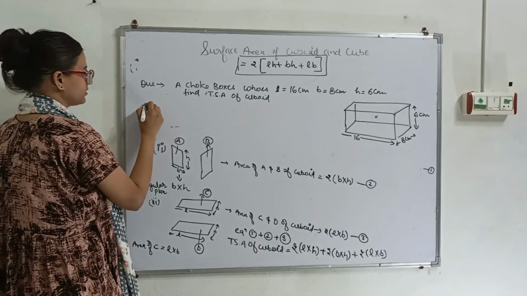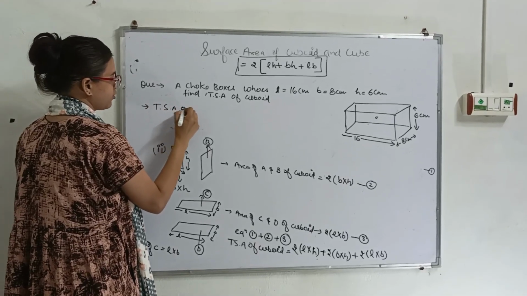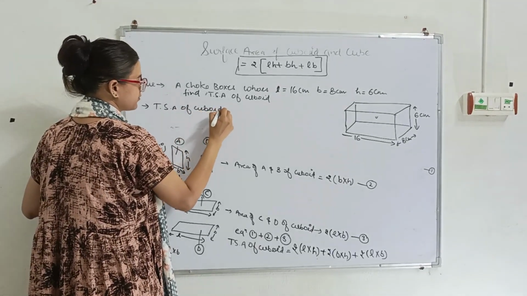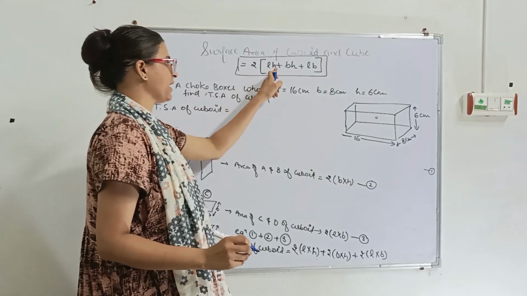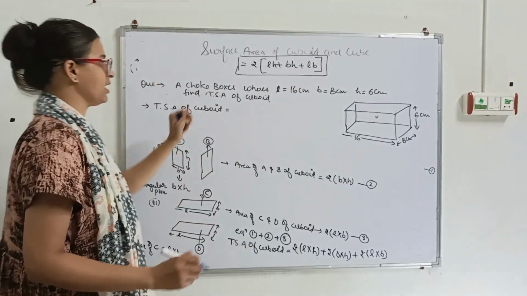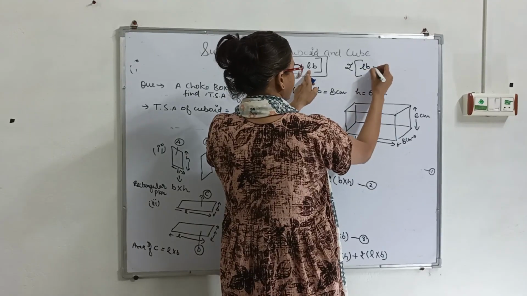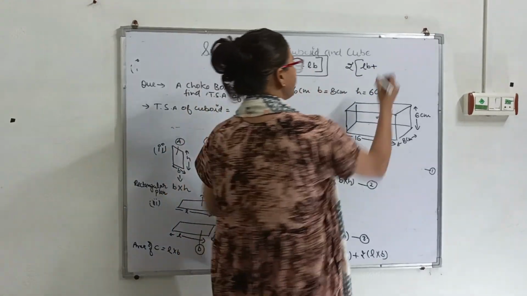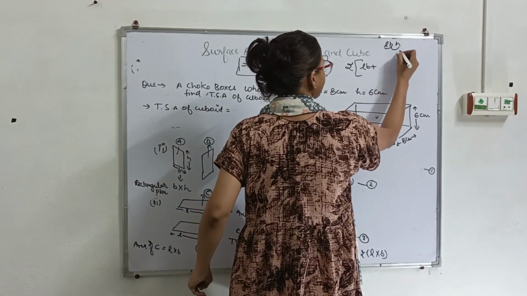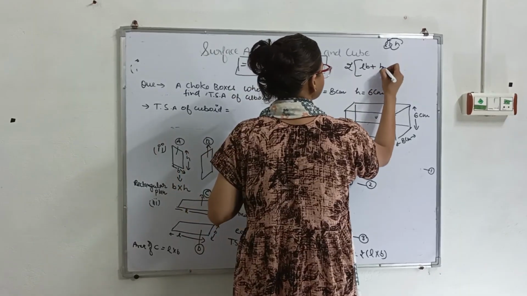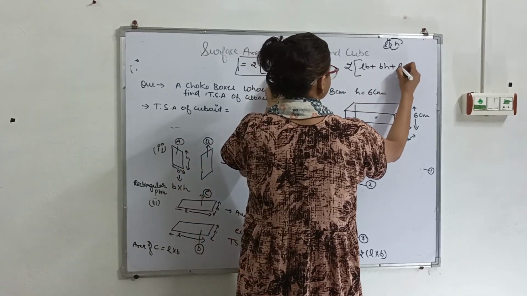So we can solve this. Total surface area of cuboid is 2 times L into H, B into H, L into B. We can write it like this, because L, B and H: LB, BH and LH.